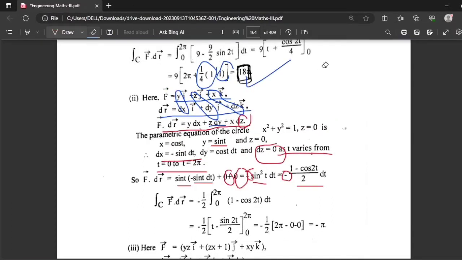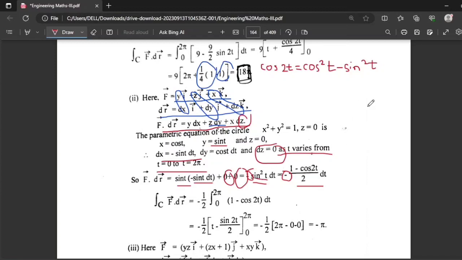If you forgot, sin square t is (1 minus cos 2t) by 2, and you can use this formula to derive it. Cos 2t equals cos square t minus sin square t.